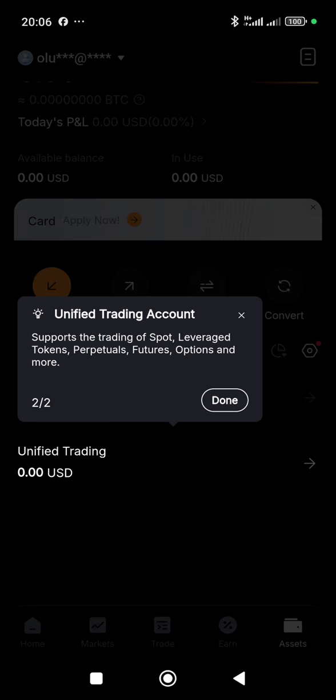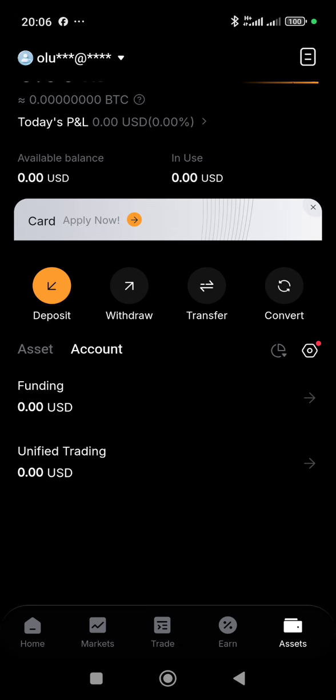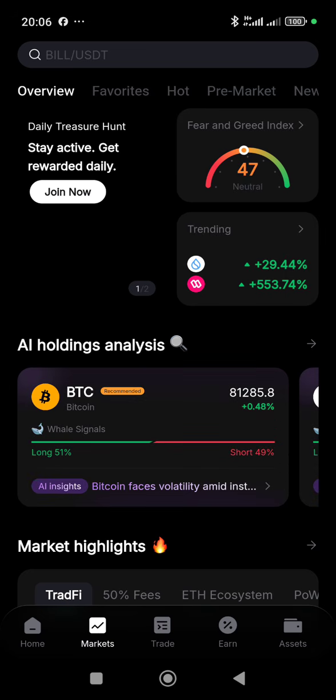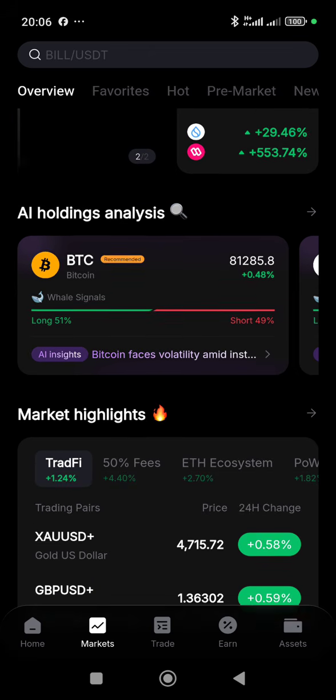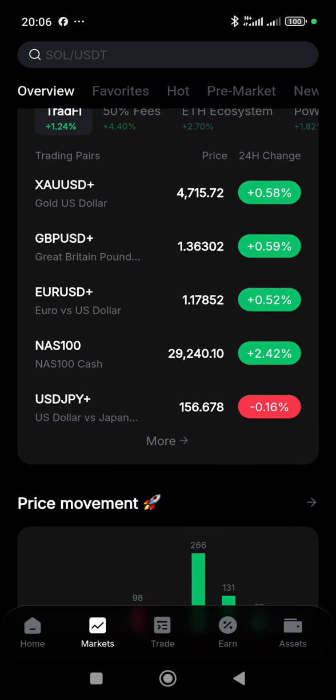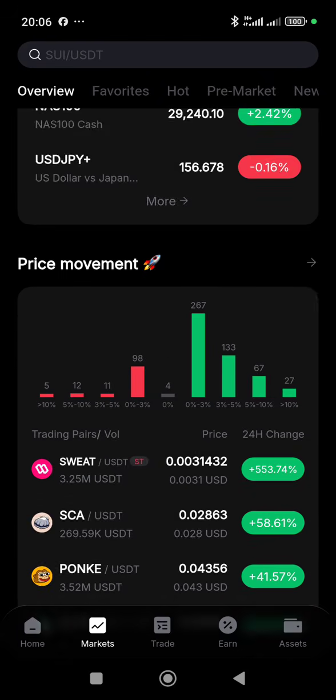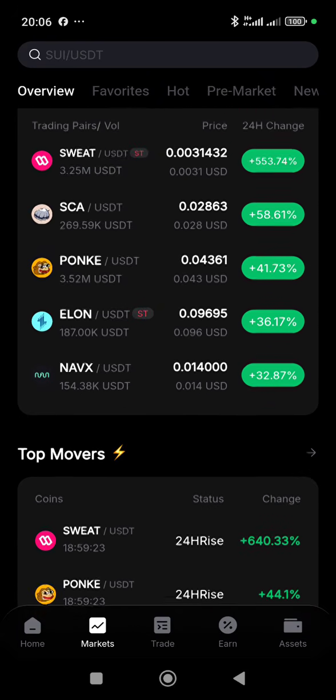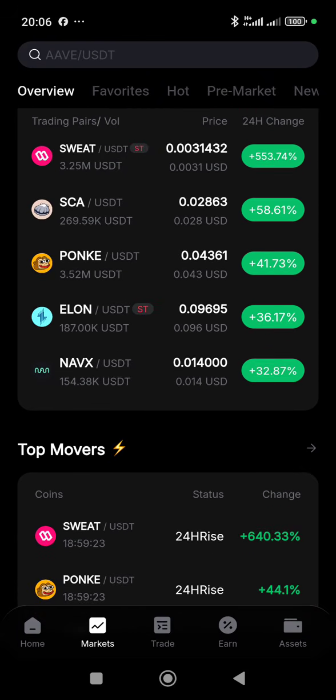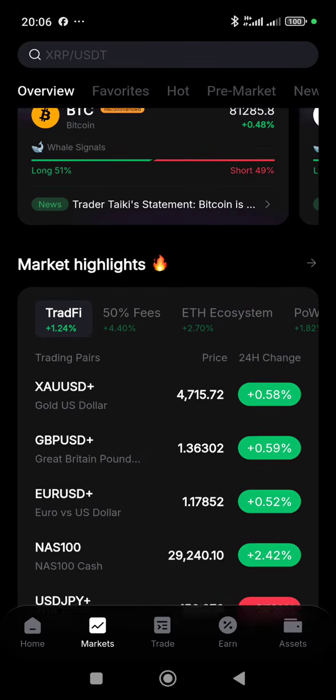The next thing for you to know is the market, where you see the survey of how the coins are being traded, how your coins are increasing by percentage, and which coins to buy. We use the market to survey which coins are at the top, which one to buy, which one not to buy. These are the things you need to take note of.